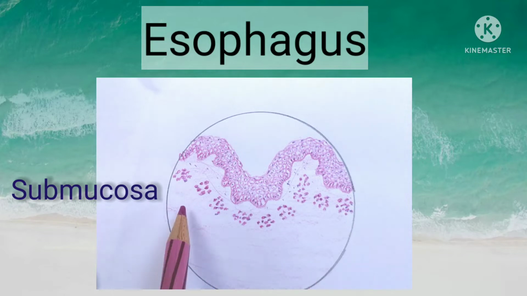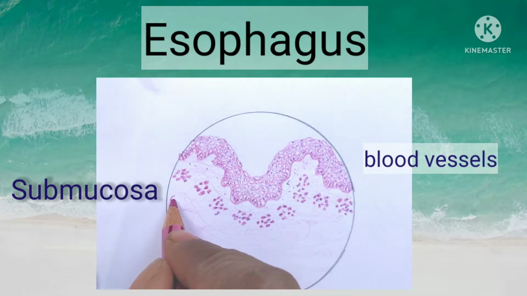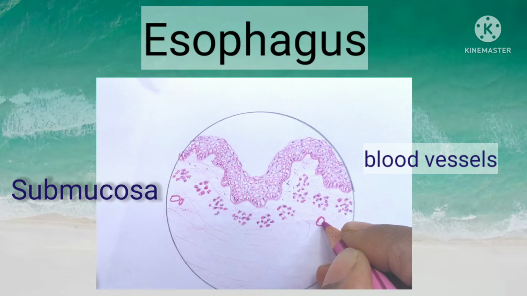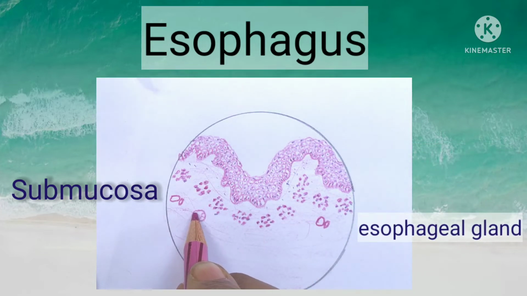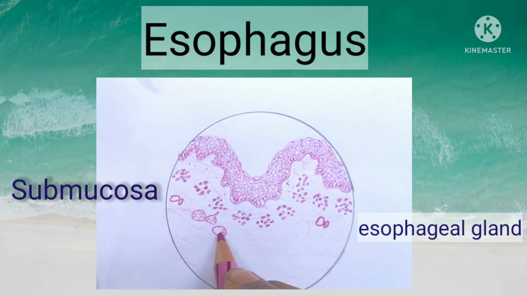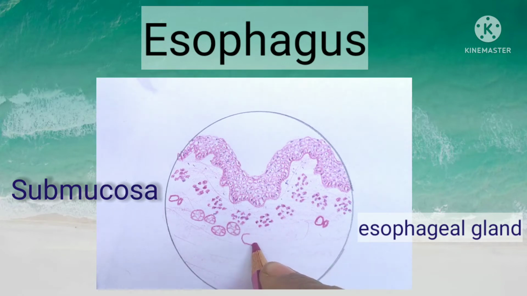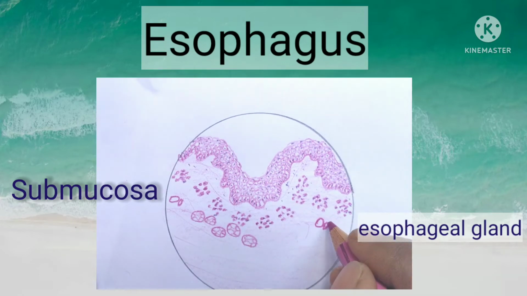Just below the mucosa, we have the submucosa, which consists of dense irregular connective tissue, and also contains the blood vessels, lymphatics, nerve fibers, and all. In the esophagus, it also contains seromucous glands, that is the glands which lubricate the lumen. They pour the secretion into the lumen.